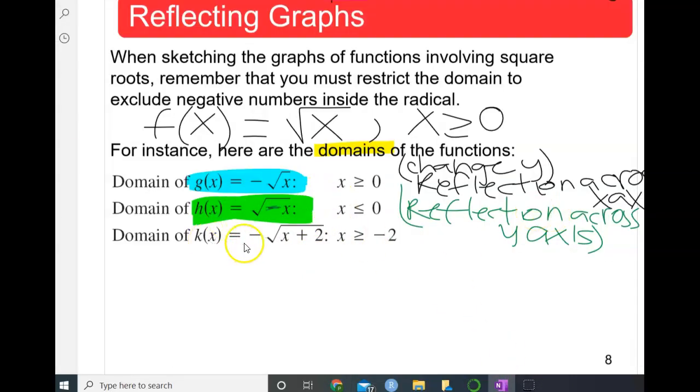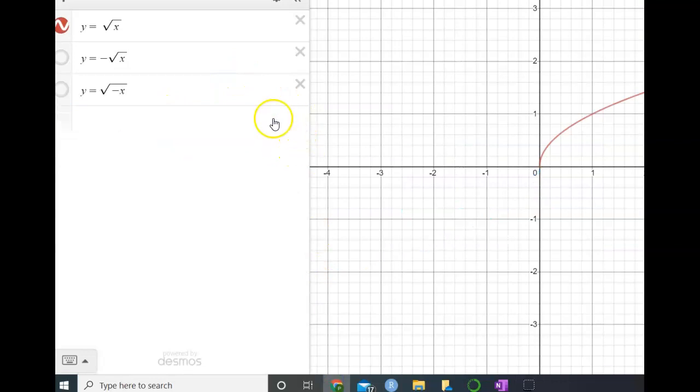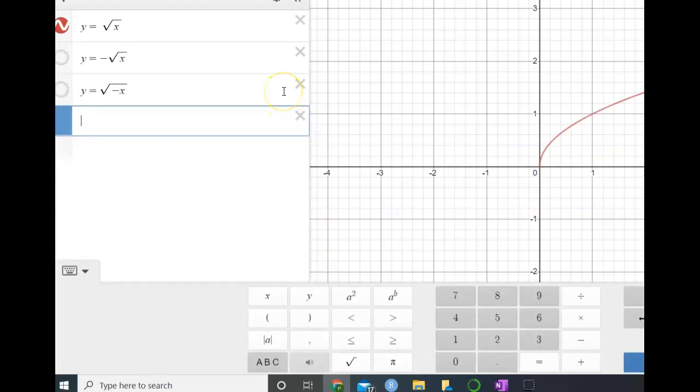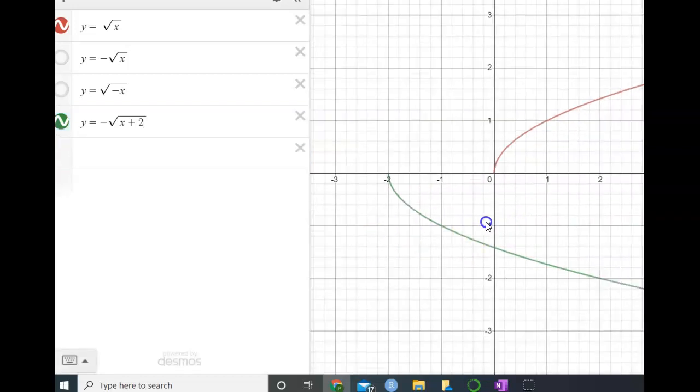So what would the last one here be? That is k of x. We have a negative outside the square root, and then we have a +2 inside the square root. Let's go ahead and graph it. Oh, I didn't want to get rid of that one, but okay. We have a negative outside, then the square root, and then x + 2. In that case, we can see the graph here in green.